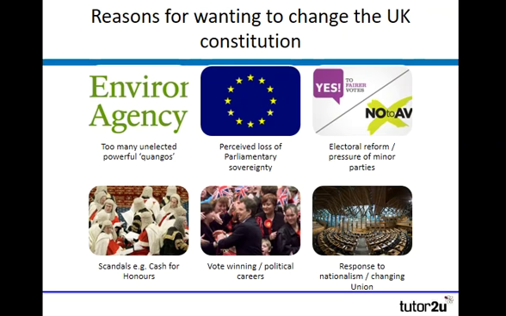Other prompts might be in response to scandals, for example, the well-documented cash for honours, cash for peerages campaigns. It could be due to vote winning or advancing political careers. So, for example, Tony Blair was often regarded as seeking advancement in his own political career by winning the hearts and minds of people.